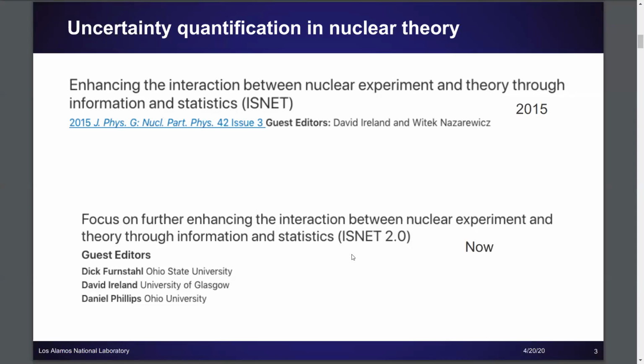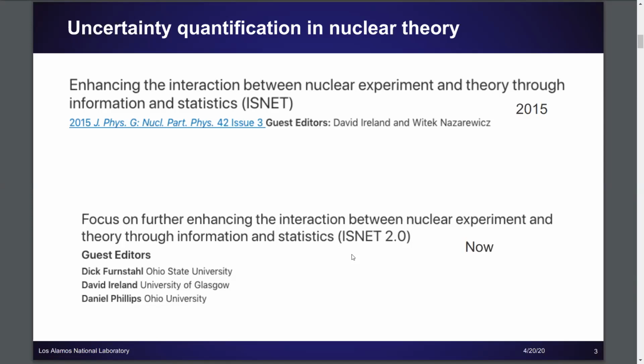And these 2 journal entries, along with many other publications in PhysRev Letters, PhysRev C, JPhysG, European physics journals, span really the suite of calculations that have been going on everywhere, from ab initio calculations to effective field theory to density functional theory, obviously our work in few body reactions, to even heavy ion collisions.